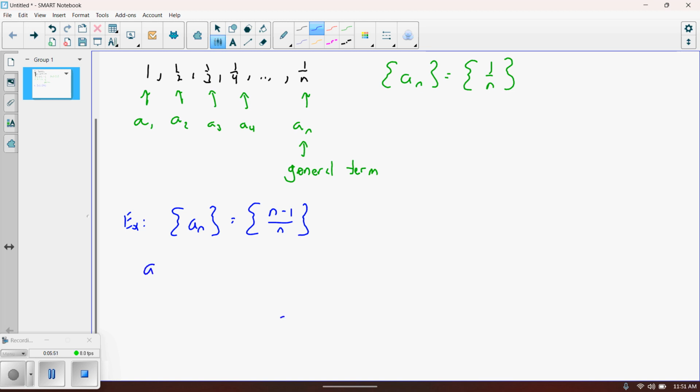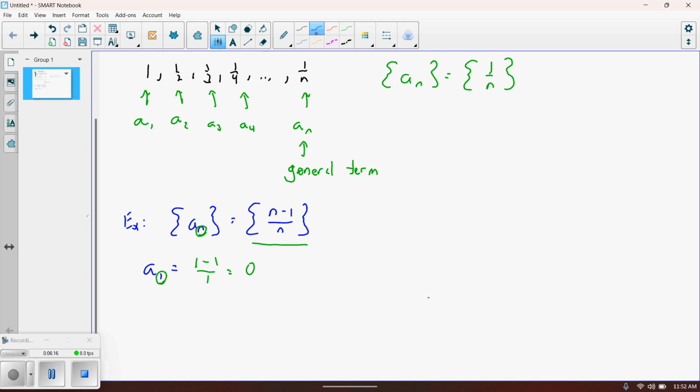So in this case, if I wanted to simply list the first 6 terms, I would just say, okay, a sub 1. Well, what you should notice is the 1 here takes the place of the n here, so that's exactly what it does in the general term. You simply plug in 1 and you simplify. That's 0 over 1, which of course is 0.